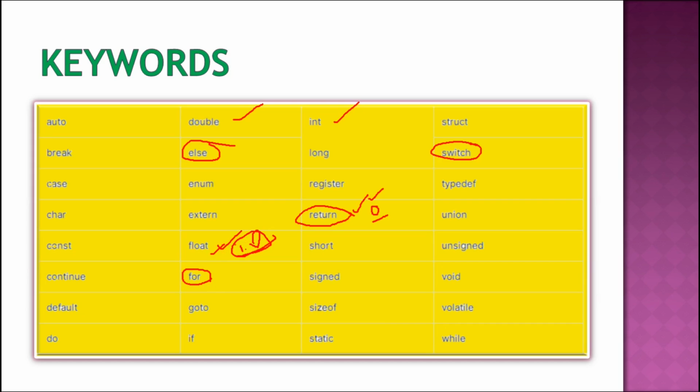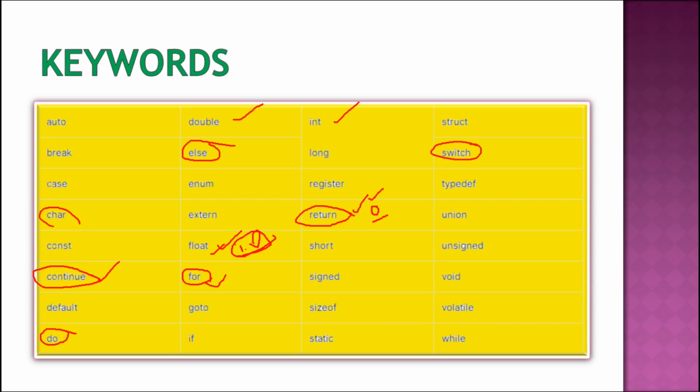We will see for and do, which are programming loops used to repeat programs, and to apply conditions we will use them. We will see these conditions and these keywords later. Continue: if the condition is okay, then we'll go with the continue command.